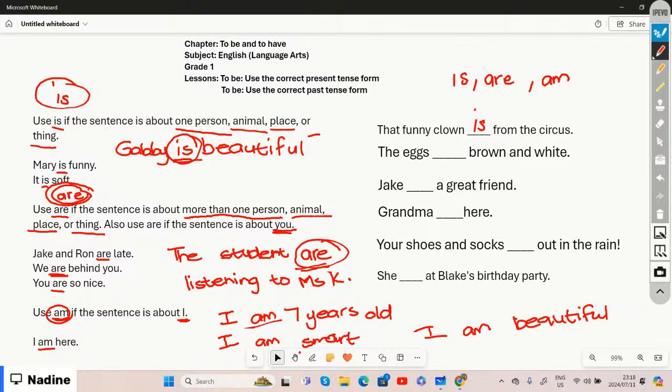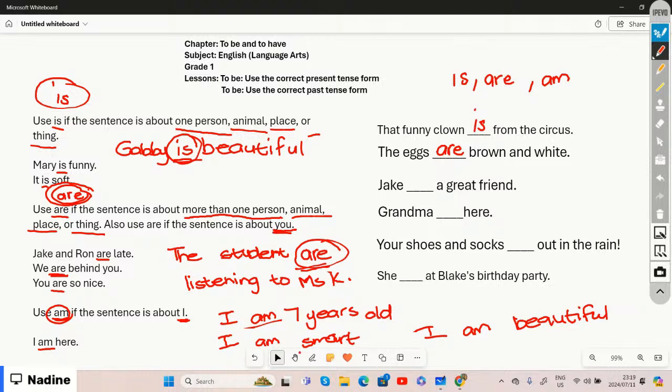So we need to choose either is, are, or am. And if we were to choose the correct one, we would say the eggs are, because we are making mention of more than one egg. So we can say the eggs are brown and white.